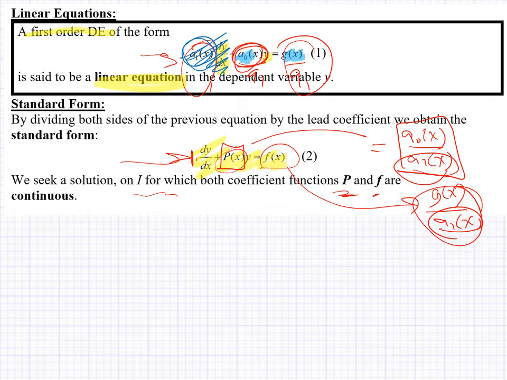After this first unit, we're going to learn about higher order differential equations: equations that have second derivatives, third derivatives, fourth derivatives. But all of them are going to be linear. That's the one thing that's going to tie them all together. They're not going to be separable or exact or homogeneous. They're all going to be linear. And so what we do with the first order linears is really going to propel us into what we do with the second, third, fourth order linears.